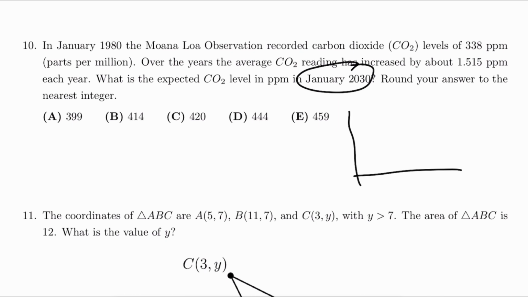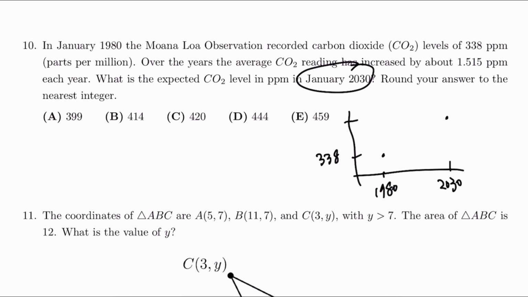So we could draw a graph if you don't intuitively get what it is asking. In 1980, it is at 338 ppm. And we want to find in 2030 how many ppm that is.